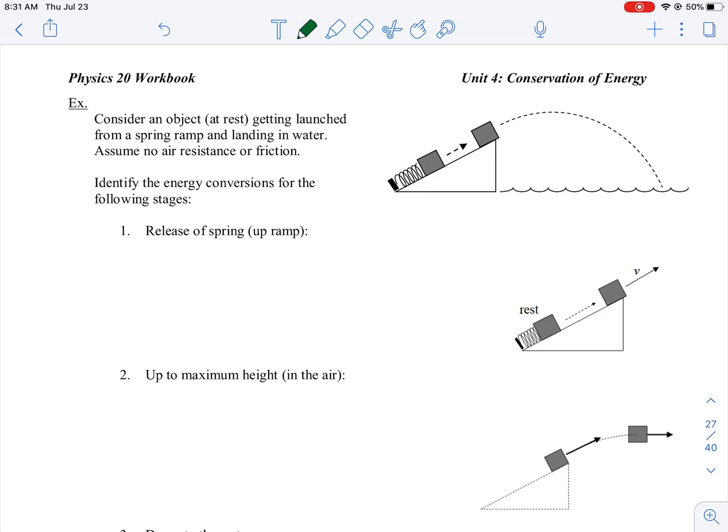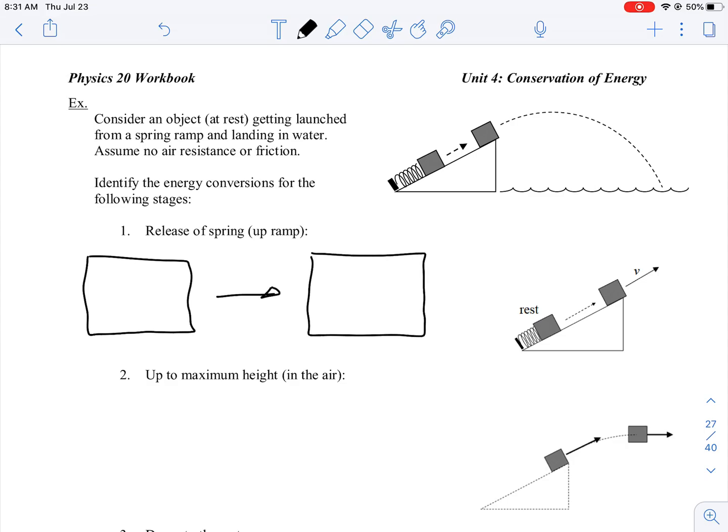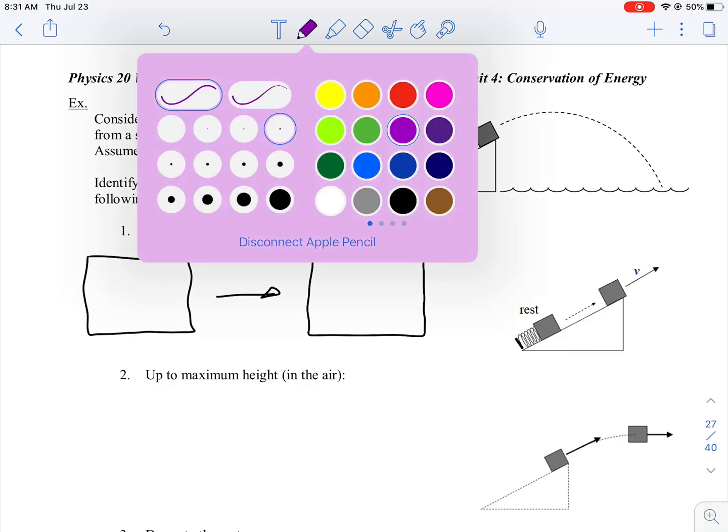Okay, let's take on the first stage here. So we'll do box, which is your decrease, to box, which is your increase. In this case here, you can see there's no doubt that as this object goes up the slope, the height is increasing. So I'll just put that over here.